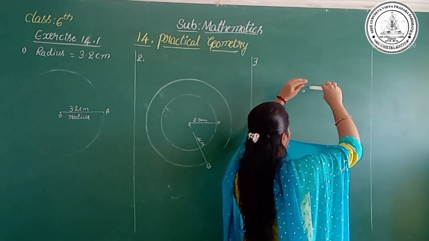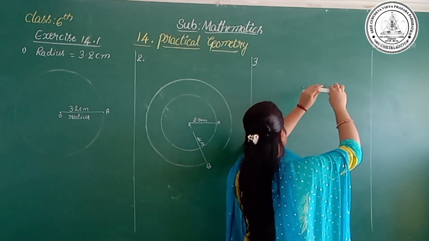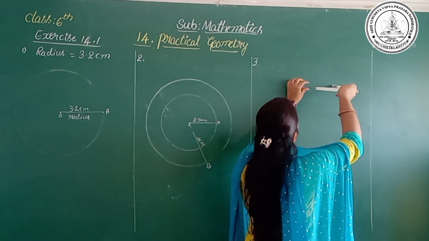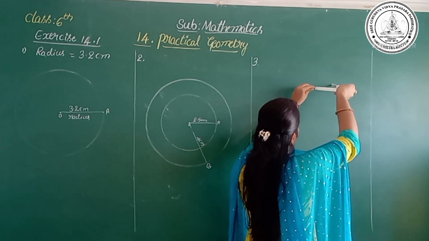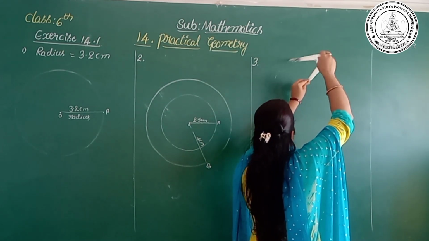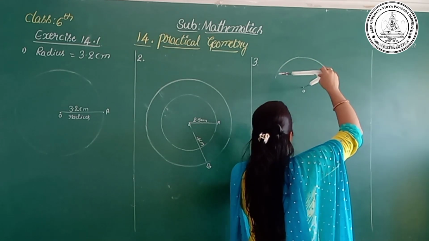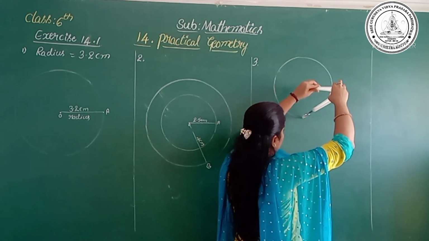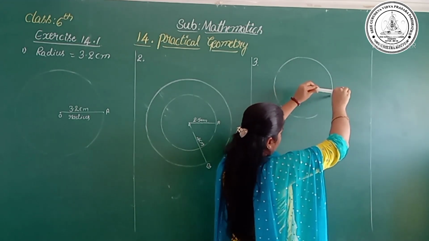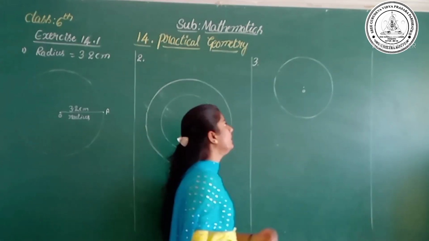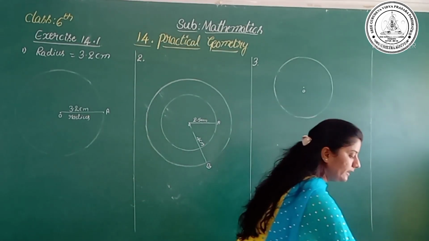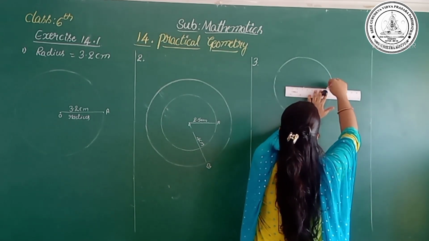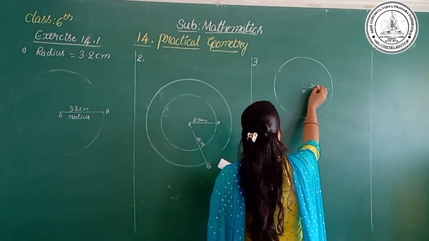Draw a circle. So it is a circle having the radius 3 centimeter.